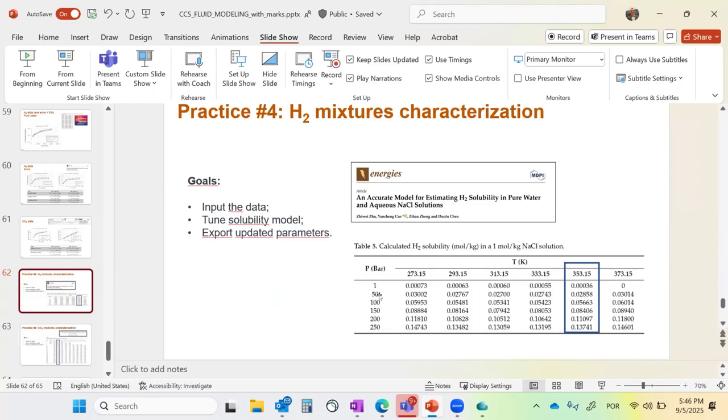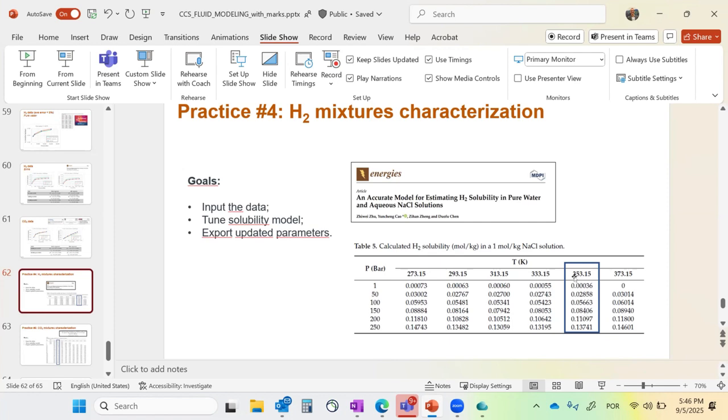As I mentioned, the solubility is a function of pressure, so you have one value for each bar. And it's a function of temperature, so the columns represent the temperature. I will pick only this column to fit.